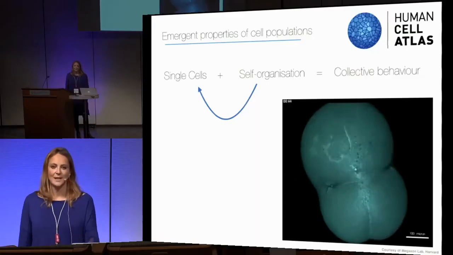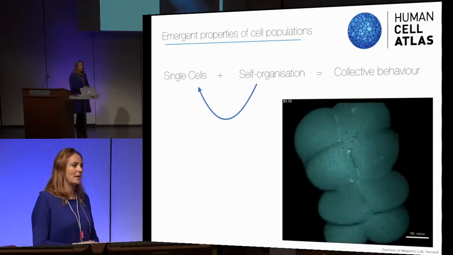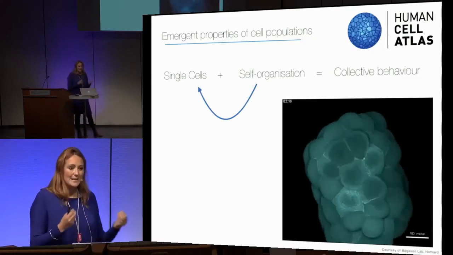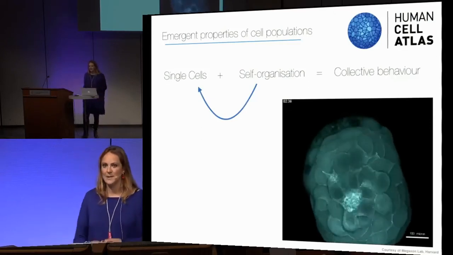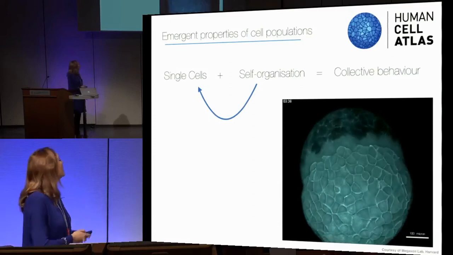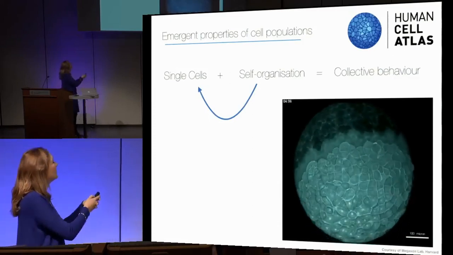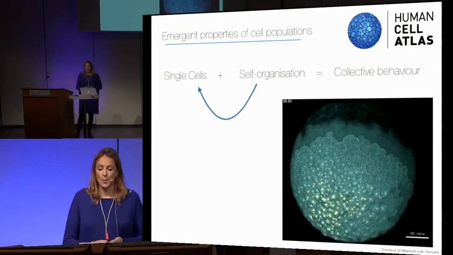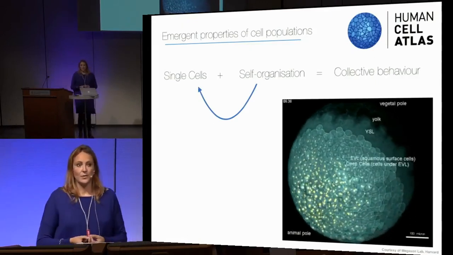Last but not least, single cells don't do this alone. As we heard from Gary Nolan, a single cell's type and state is determined by its environment, by its cell-to-cell neighbors. This self-organization feeds back on single cells and drives the collective behavior of an organ, and the communication is very important to keep in consideration.